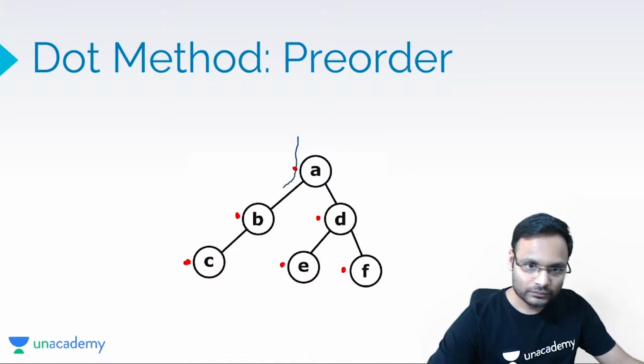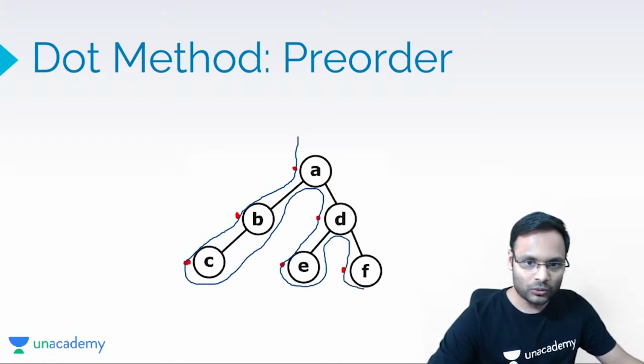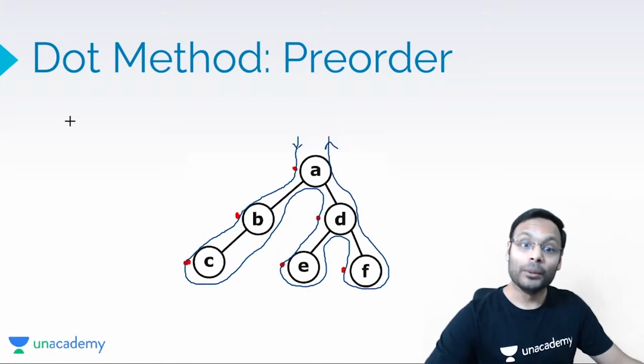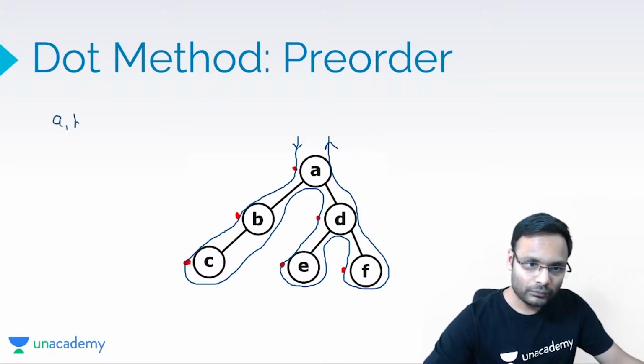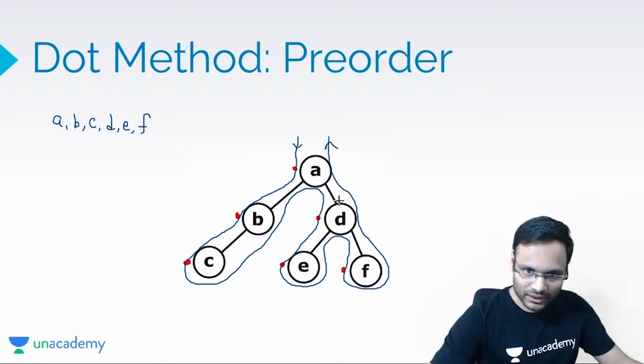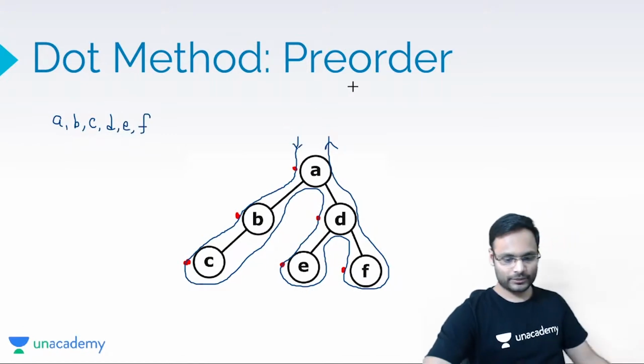Take a boundary, such kind of traversal for all the nodes. The sequence of dots will give you the pre-order: A, B, C, D, E, F. A, then B, then C, then D, then E, then F.